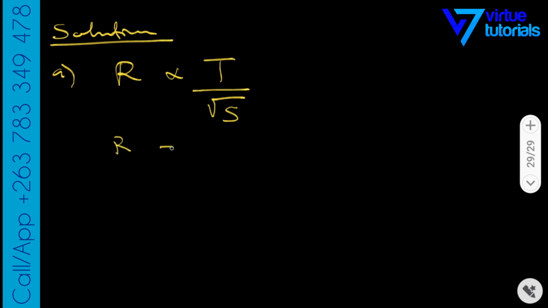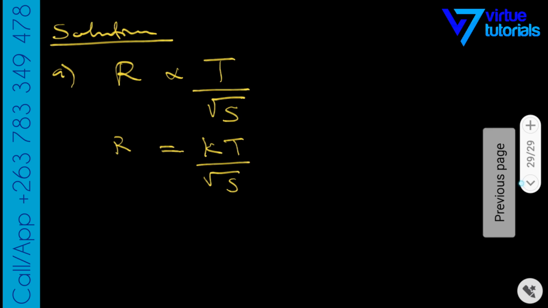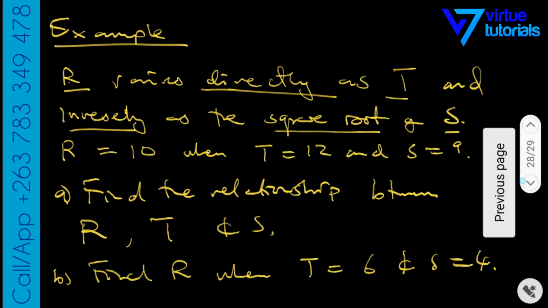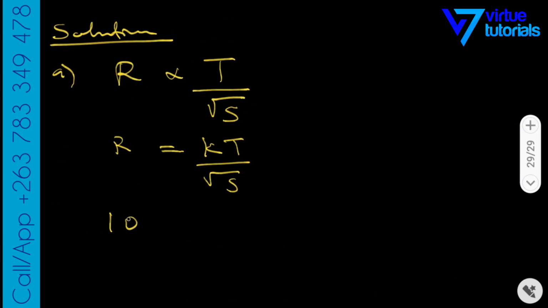So R is equal to KT over square root of S, right? So I simply substitute my values of R, T, and S to find my K, because that's what I need to do here. So 10, 12, and 9. So 10 is equal to K times 12 over square root of 9.